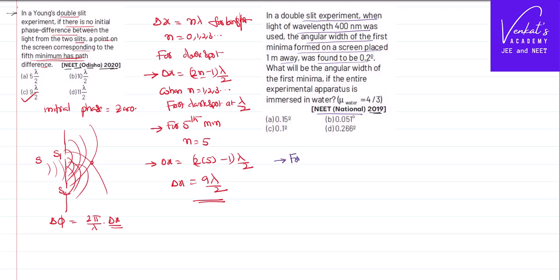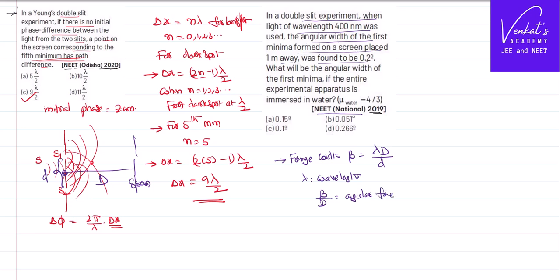First of all, we can write fringe width beta as lambda into capital D by small d, where lambda is wavelength of that light, small d is the distance between the two slits, capital D is the distance between slits and the screen. That's called fringe width. Beta by D is called angular fringe width, how much angle it makes there.